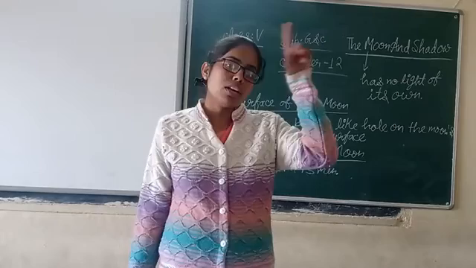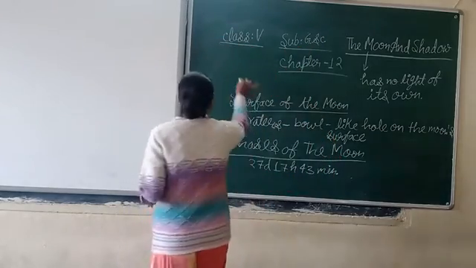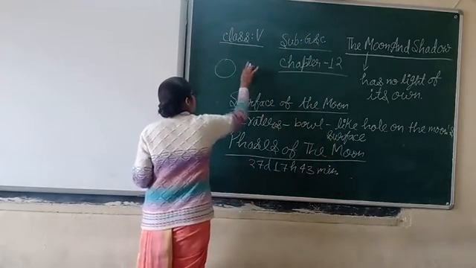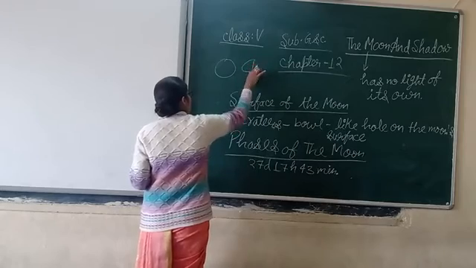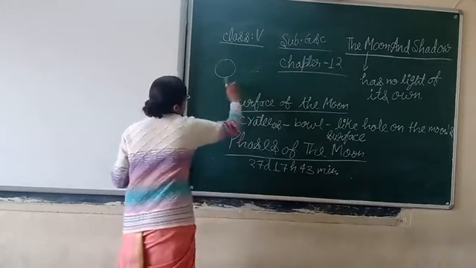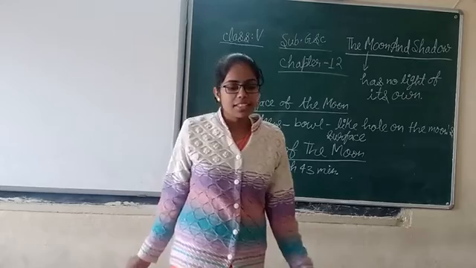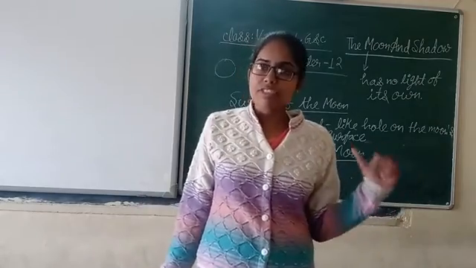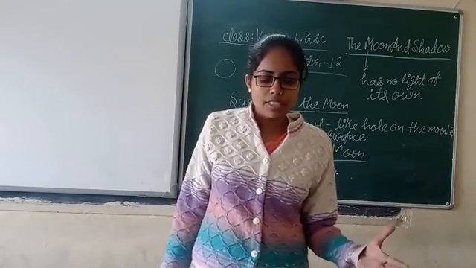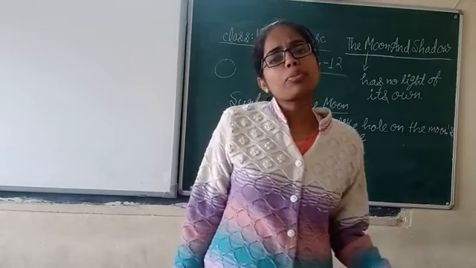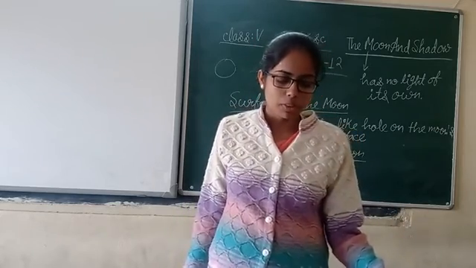Sometimes it is full, complete. Sometimes it is like this. Sometimes it is just half only. In different phases we can see different sizes. This different size or shape of the moon is called the different phases of the moon.